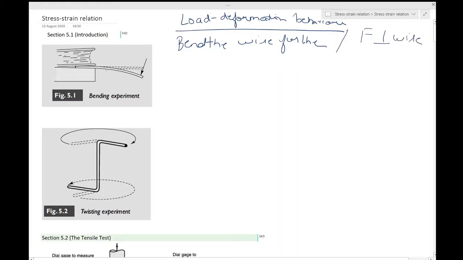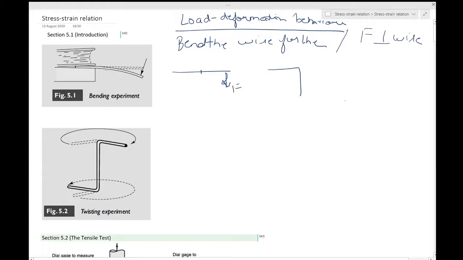The force required to bend the wire 90 degrees is greater than that required to initiate plastic deformation. So you had something like this. You want to now hold it at one point and bend it in this form so that this is perpendicular. So you will eventually get something like this.